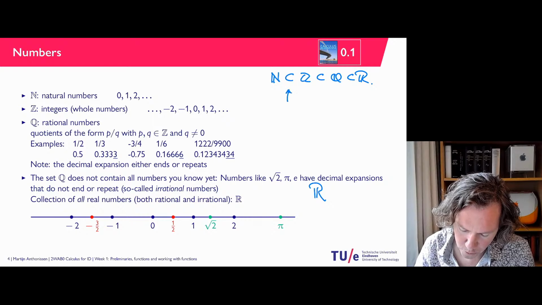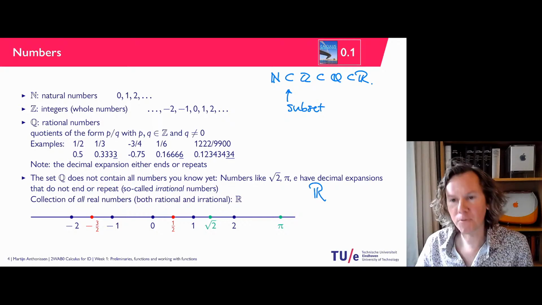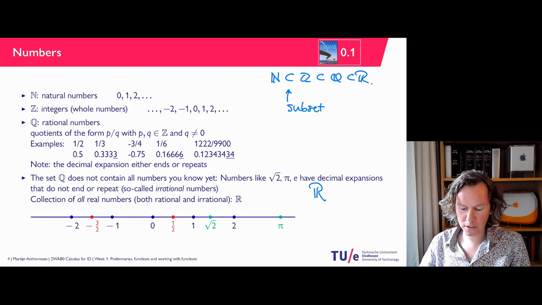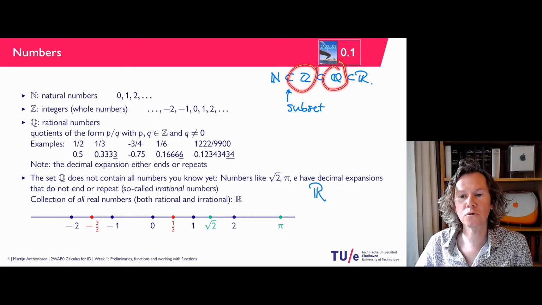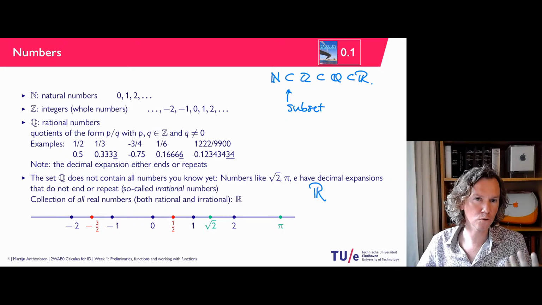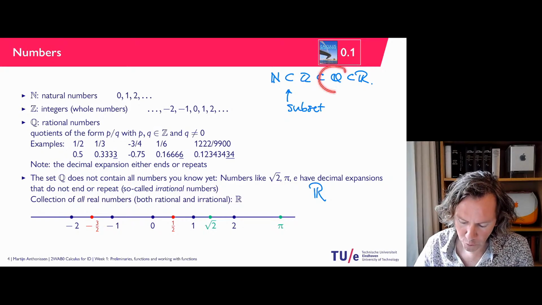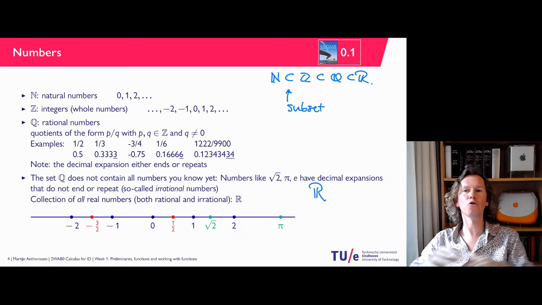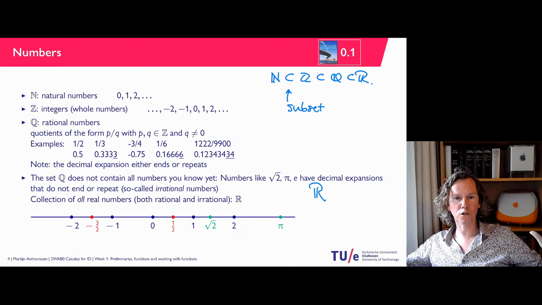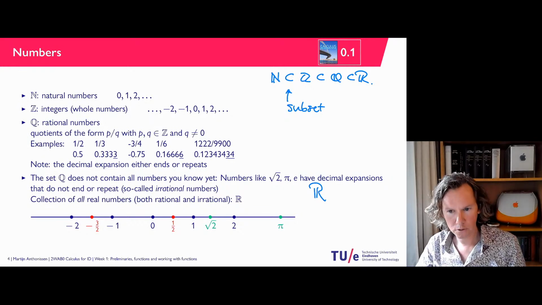So this little symbol here means subset. And basically what it means is that every natural number is also an integer. And every integer is also in the rational numbers. Because if you have, for instance, 5, that's 5 over 1, so that's also in Q. And every rational number is also a real number. So real numbers are all the numbers that we have around us. All the numbers that you encounter, that's denoted with R.